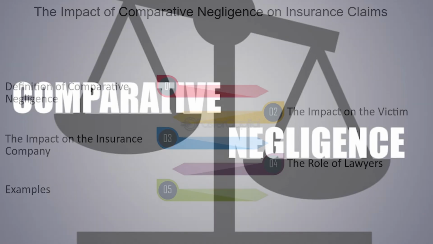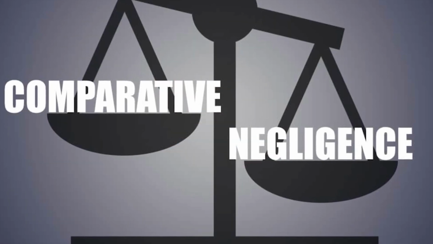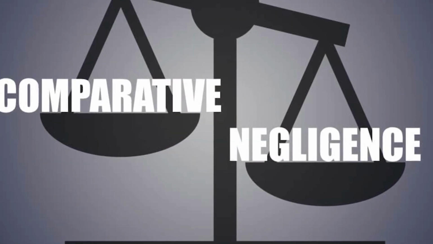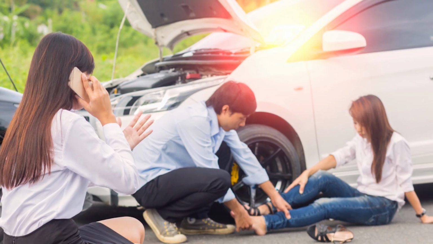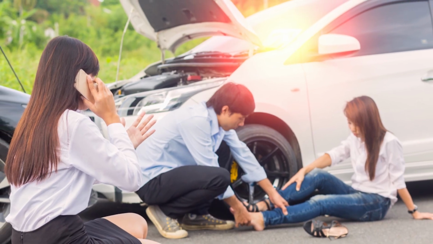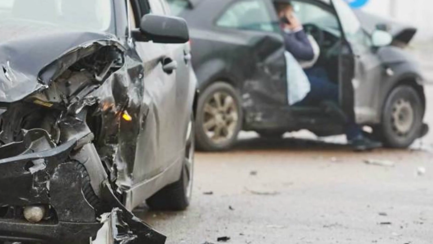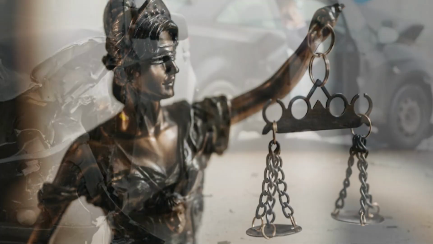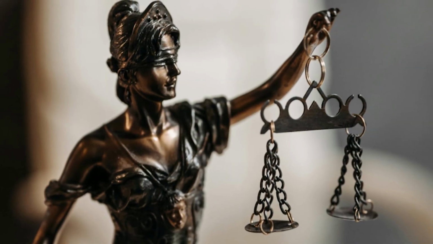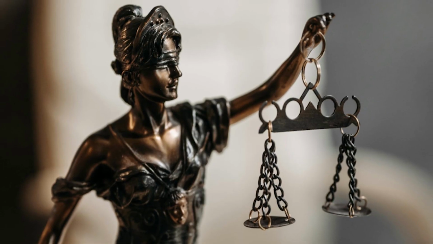If you're in a pure comparative negligence state, you can always recover something as long as you weren't 100% at fault. If you're in a modified comparative negligence state, you have to be under the fault threshold. And if you're in a contributory negligence state, any fault at all could block your recovery completely.